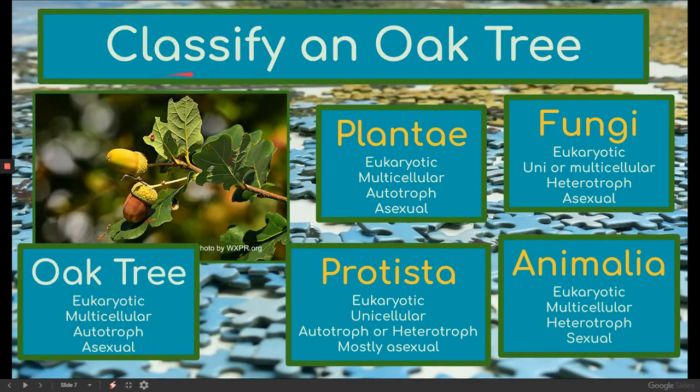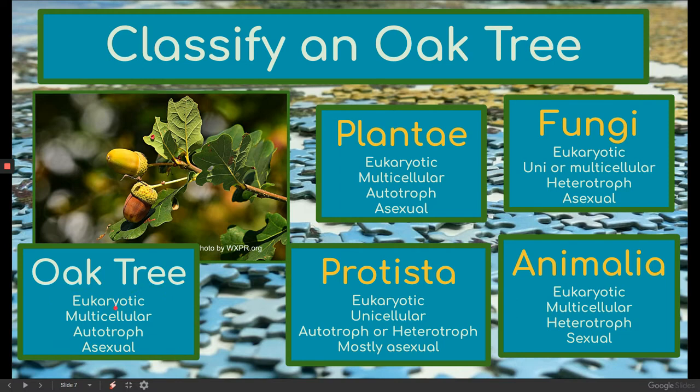For example, I want to classify an oak tree. I've seen them. I have them in my yard. I want to know which exactly kingdom does it go to? Plantae, Fungi, Protista, or Animalia. Now, to do this, I look at its traits.